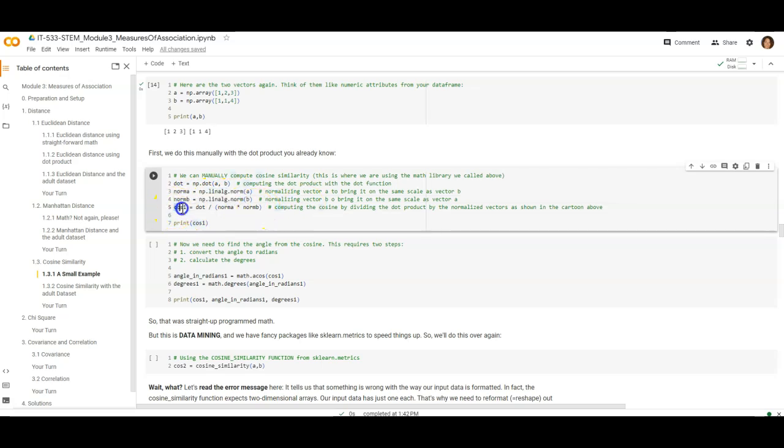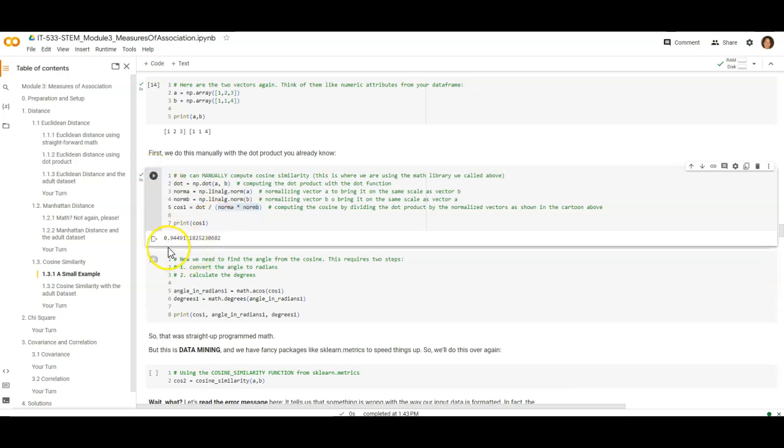And we're going to calculate the cosine as the dot product divided by our vectors here multiplied with one another. And then we're going to print our cosine.